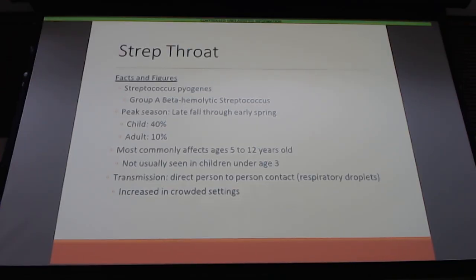This is caused by group A, beta hemolytic streptococcus. Okay, so it's the strep. Right, there's your peak seasons, late fall to early spring. Mostly children, not as much as adults. Your age groups can be between 5 to 12. Right? Not usually seen in children under 3.